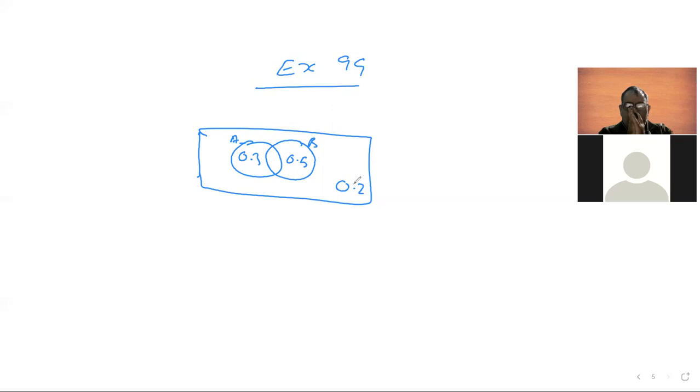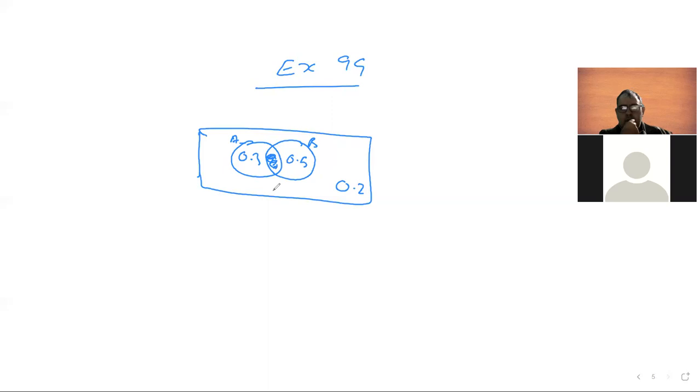Is it 1 or 0.9? 0.3 plus 0.5 plus 0.2, yes, that is 1. So it's 1, and definitely this thing is 0. So we can conclude from this that they were just confusing it by making this diagram.